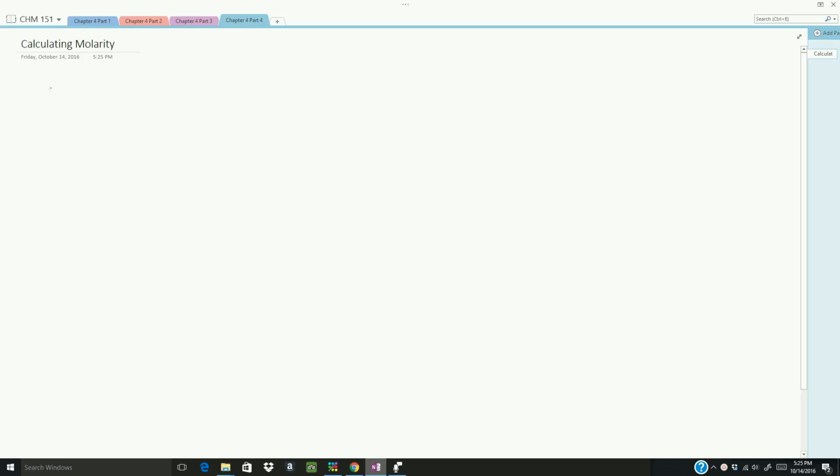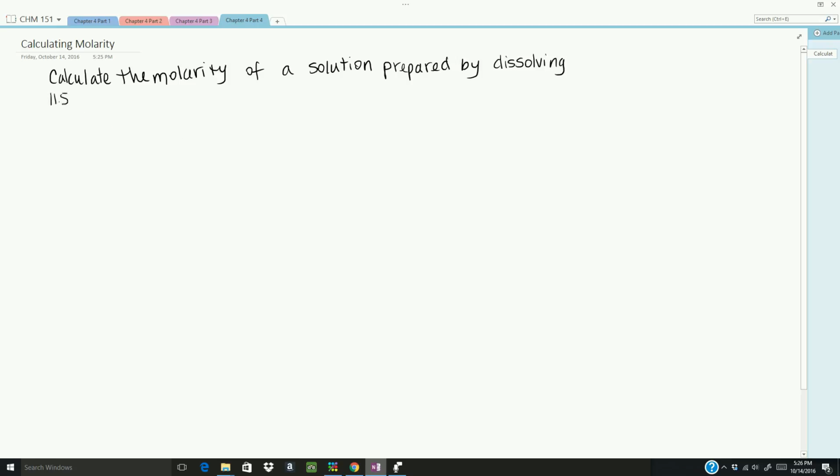So the first example that we're going to do says: calculate the molarity of a solution that was prepared by dissolving 11.5 grams of solid sodium hydroxide in enough water to make 1.50 liters of solution.